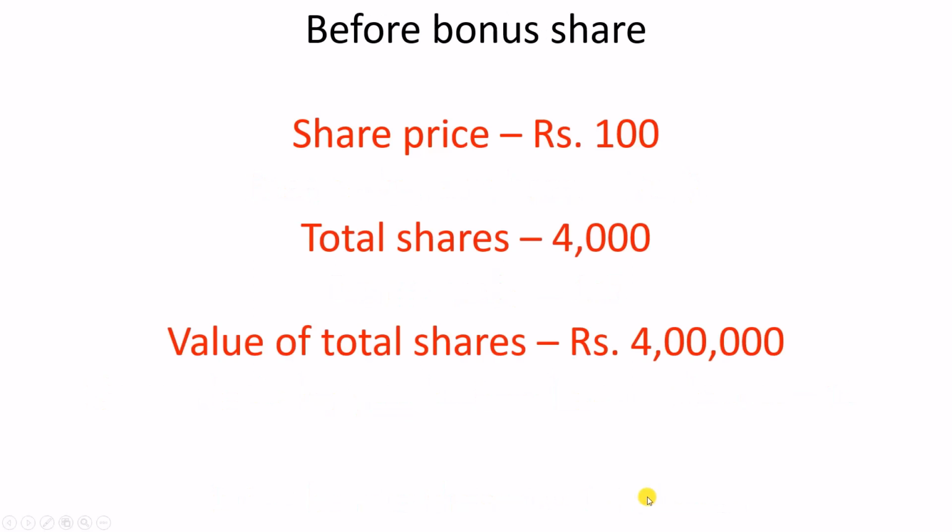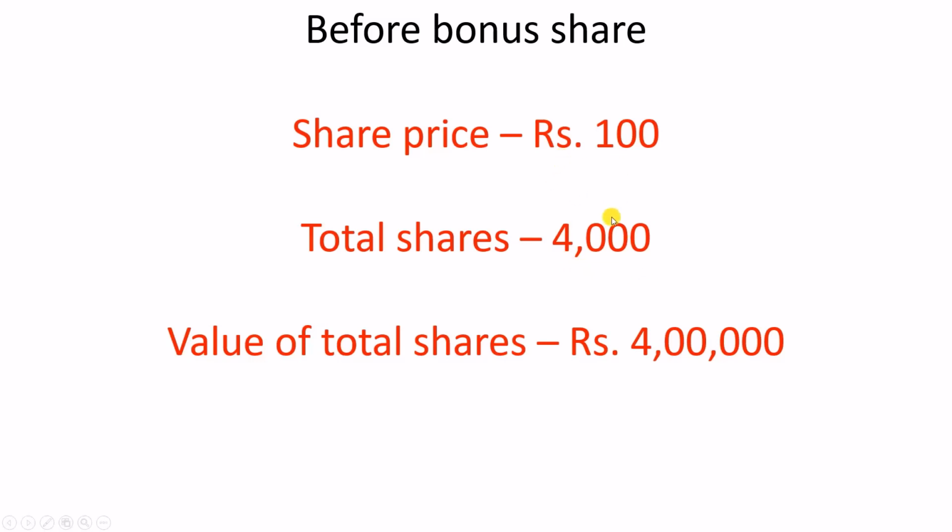Now, let me proceed further. Before announcement of bonus shares, share price was rupees 100. Total number of shares in the market was 4,000. A had 2,000 shares, B had 1,000 shares, public had 1,000 shares. So there were 4,000 shares.